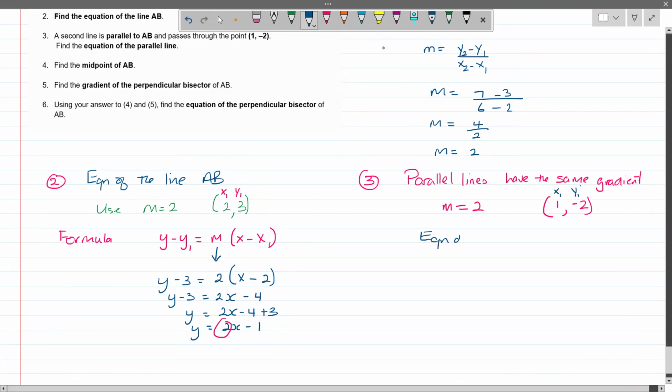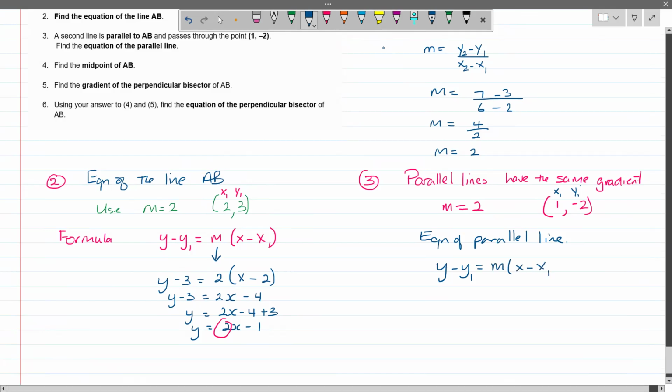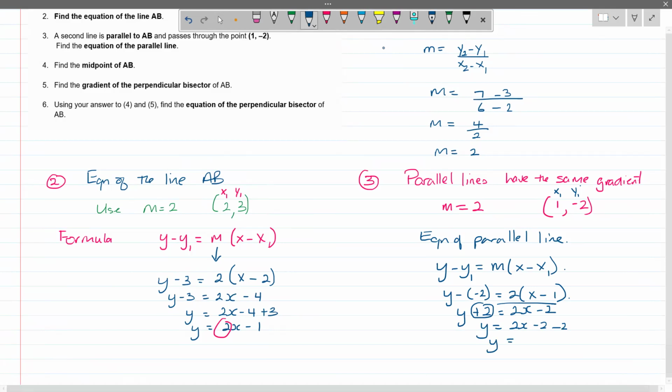Equation of the parallel line. Put a formula: y minus, remember brackets for negative numbers, so we get plus 2, 2x minus 2. y is equal to 2x minus 2. Now carry this across, this becomes minus 2 as well. So we get 2x minus 4.